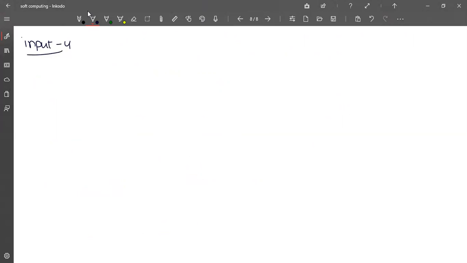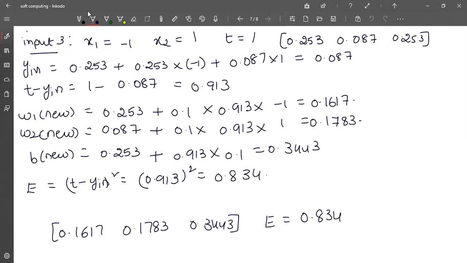Input 4, x1 is equal to minus 1, x2 is equal to minus 1, and target is equal to minus 1. And the weights are 0.1617 and 0.1783 and 0.3443.